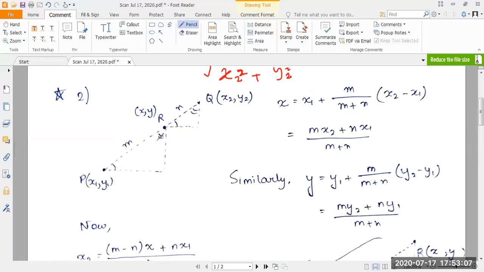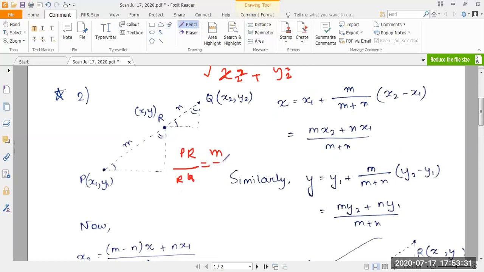Again, when I mean R divides the line segment PQ in the ratio M:n, I mean the ratio of the distance between P and R and the distance between R and Q is M:n. So PR by RQ is equal to M:n.